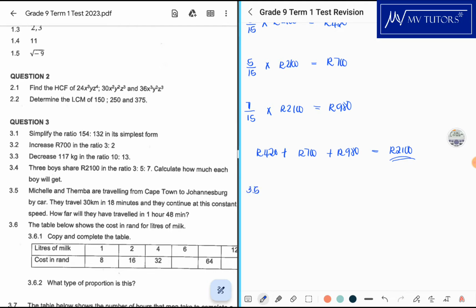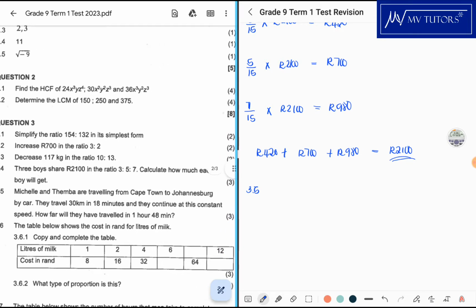Now 3.5 says, Michelle and Temba are traveling from Cape Town to Johannesburg by car. That is a very long trip. So they travel 30 kilometers in 18 minutes, and they continue at this constant speed. How far will they have traveled in 1 hour, 48 minutes?